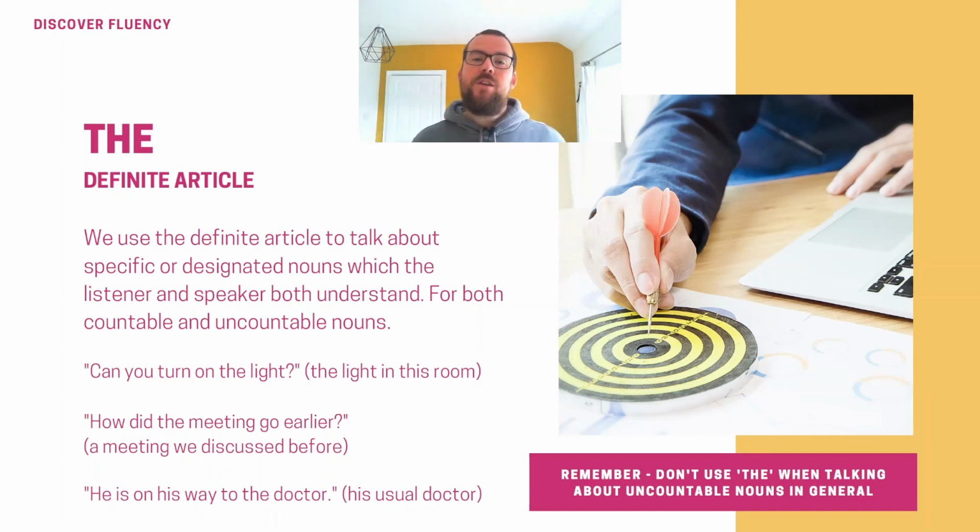So if I say, for example, British people like tea, I just mean generally people who live in Britain. If I say the people in this city, now I'm talking about a specific group of people who live in a particular place. In the same way as I mentioned, when I say the government, I'm talking about a specific government.